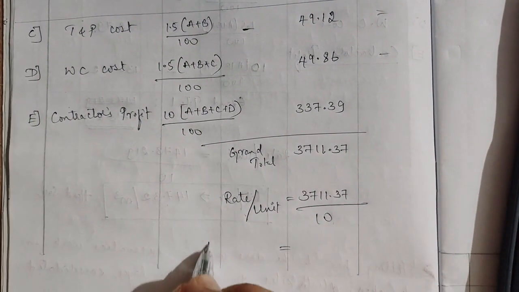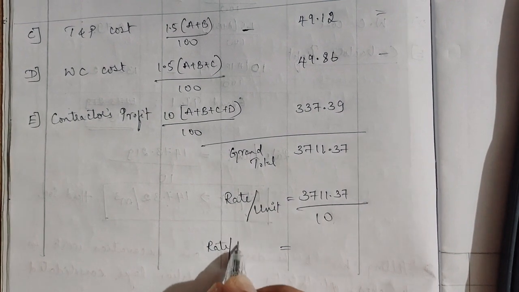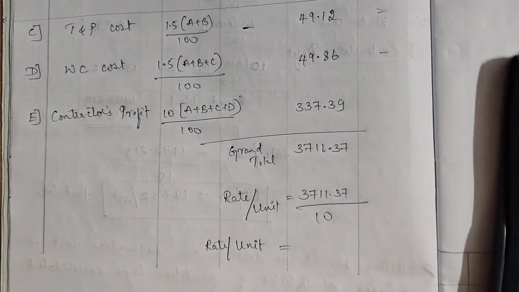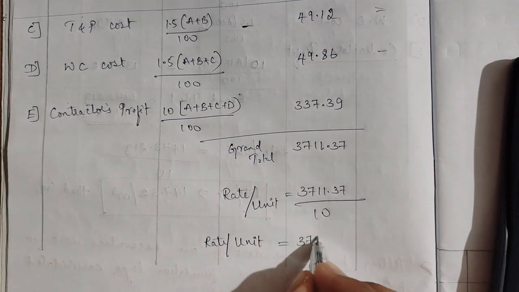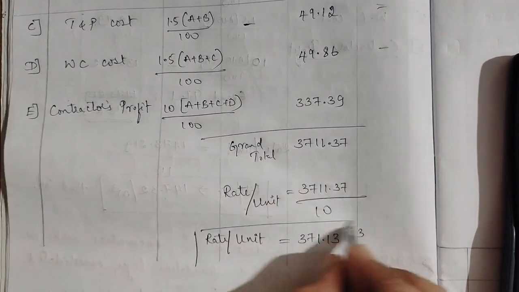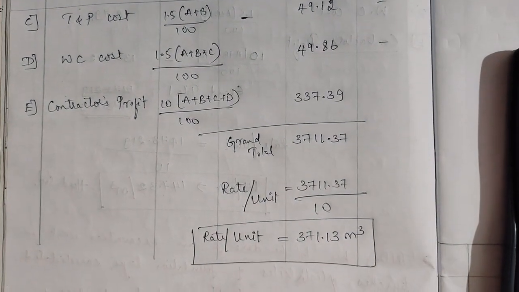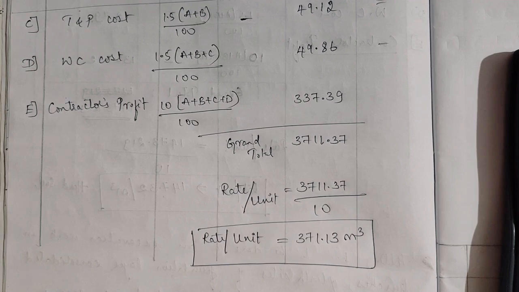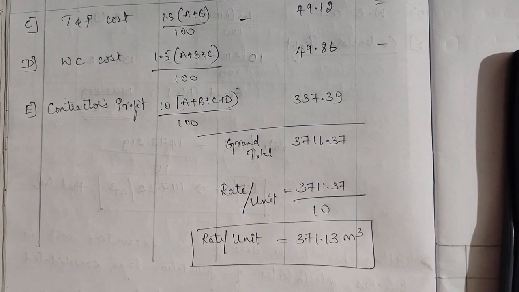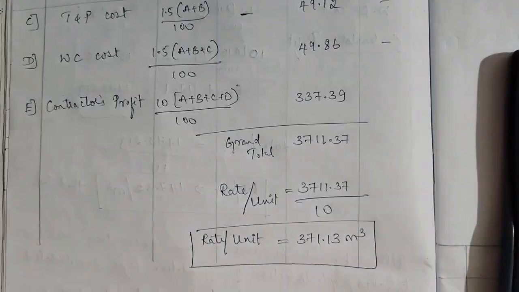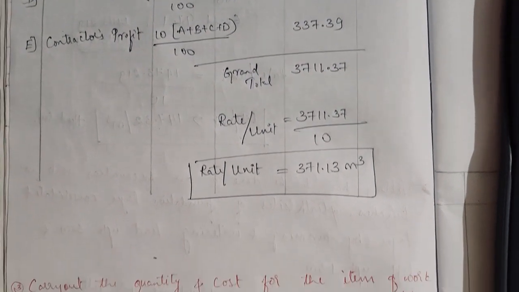So rate per unit for filling will be 371.13 per meter cube including all the materials. So this is how we do the rate analysis for filling. Okay, now one by one we will see. So I think you understood somewhat. Fine. So now one by one we will see how to do.